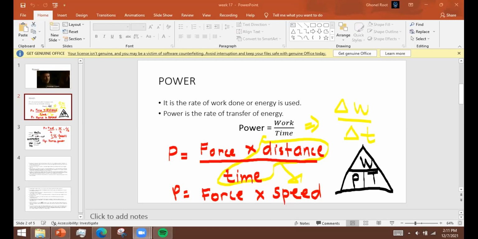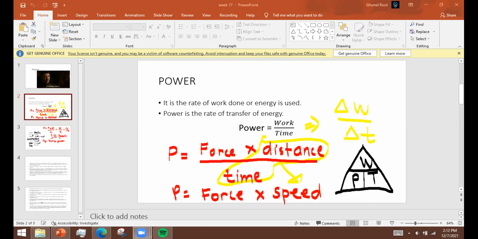That was its definition way back. So technically, power can also be computed by force multiplied by distance over time, and then power is equal to force multiplied by the velocity, or the speed created by our force.